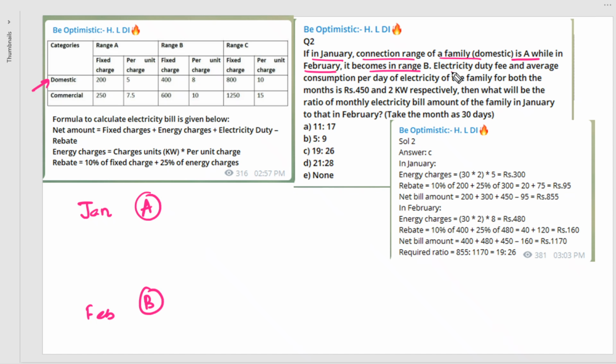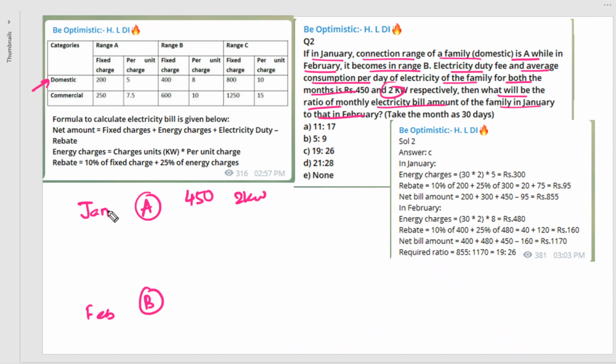Fine. The electricity duty fee and average consumption per day of electricity of the family for both months is rupees 450. So the electricity duty fee is 450 and average consumption is 2 kilowatt. Now what will be the ratio of the monthly electricity bill amount of the family in January? It is similar to the previous one, right?